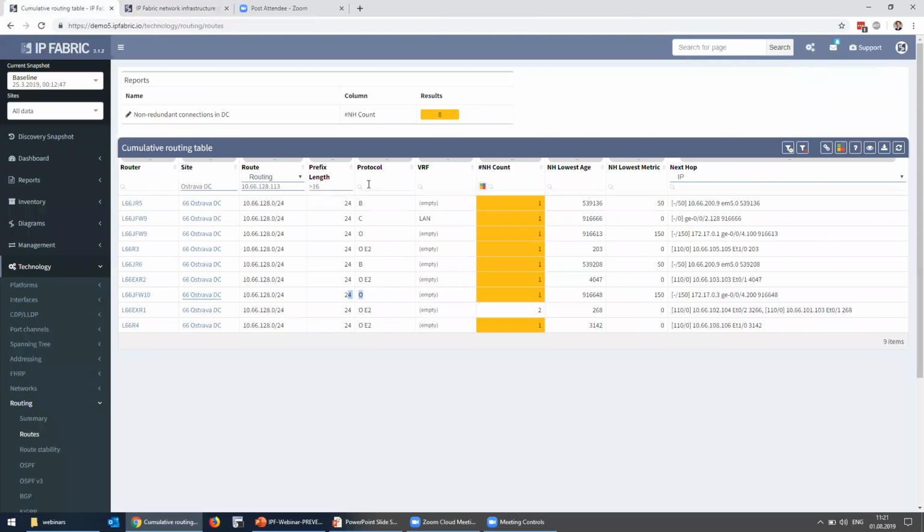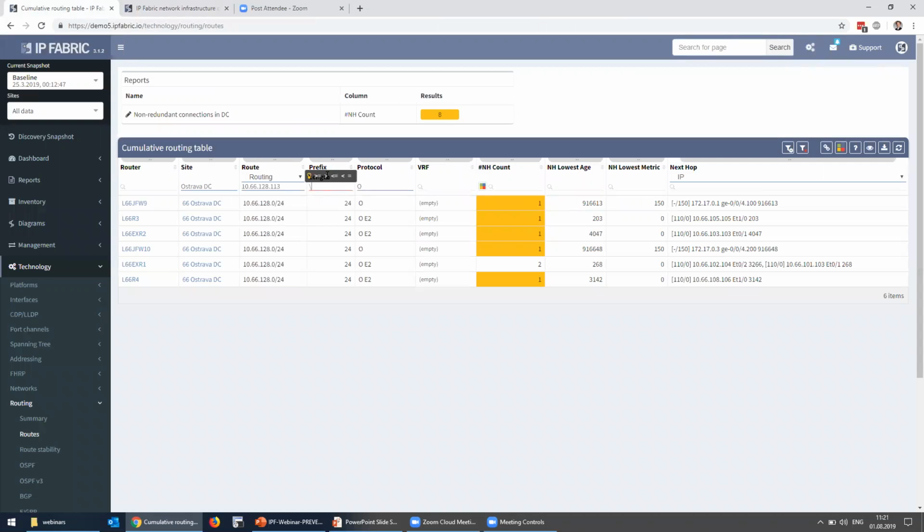So we can limit this lookup or this rule also to OSPF, and we can set up a rule which I've done previously here, which would check the next hop counts for routing to a particular destination at a particular site for a particular protocol, and if it's less than 2, then we would get a warning.